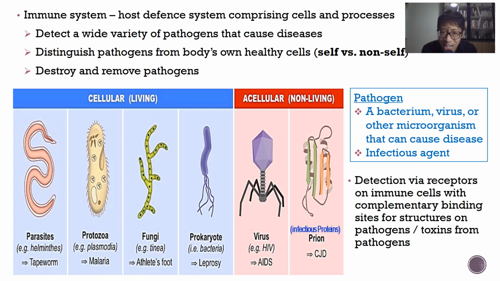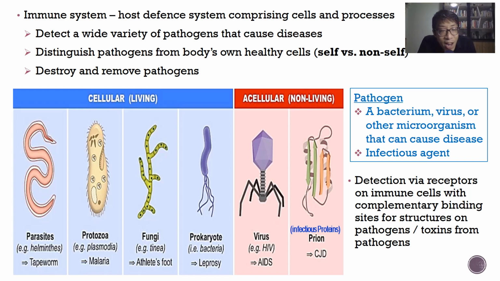And we also have fungi that can cause diseases in us, as well as some kind of proteins or prions or toxins, all these non-cellular things that can cause diseases. So collectively, these are called pathogens or infectious agents, which would be detected and removed by the immune system.